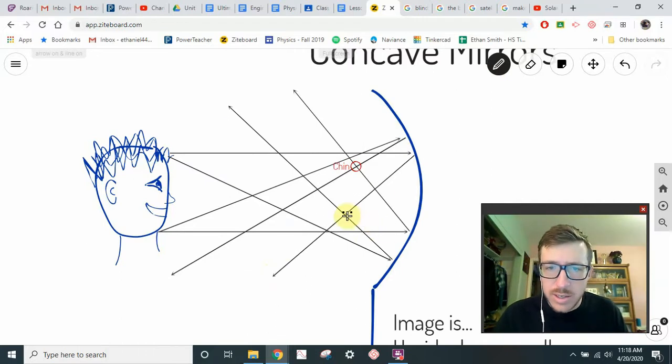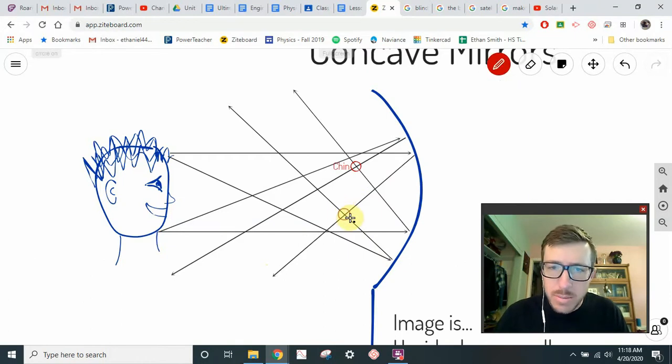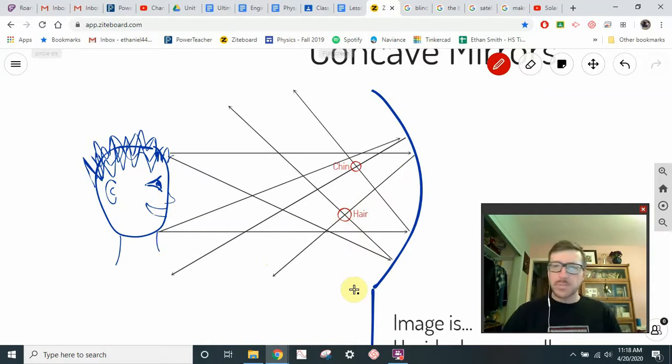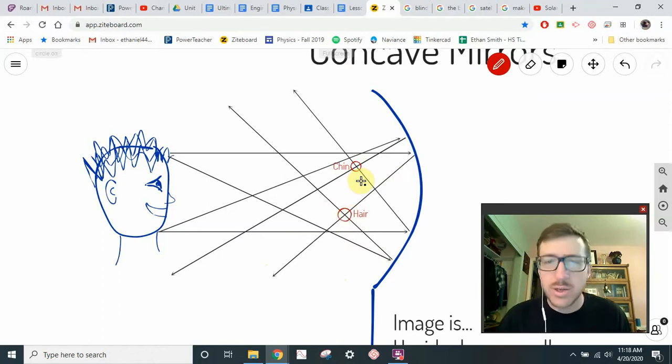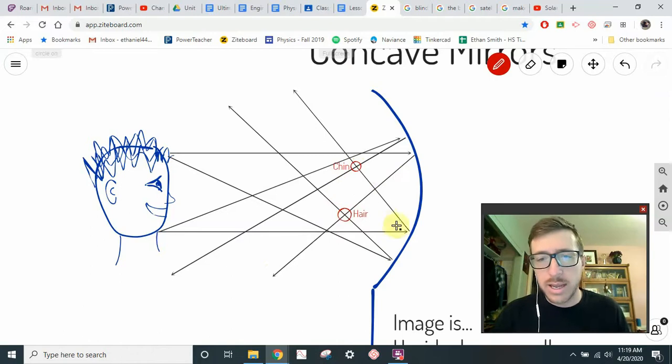And so you'll notice these guys cross right here. So if we draw in where my mind sees my hair as being, it sees my hair as being right there. So we'll notice, because of this, all of a sudden, my hair is down below and my chin is up higher. They're also smaller, right? So I see myself as flipped upside down and smaller while looking in a concave mirror.